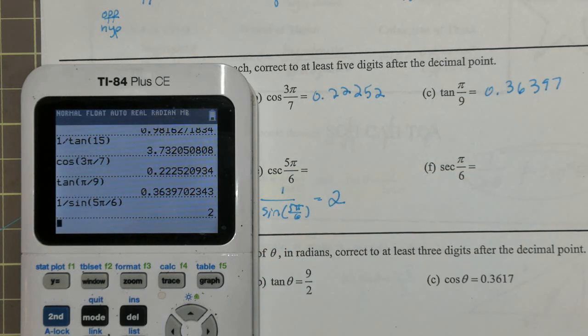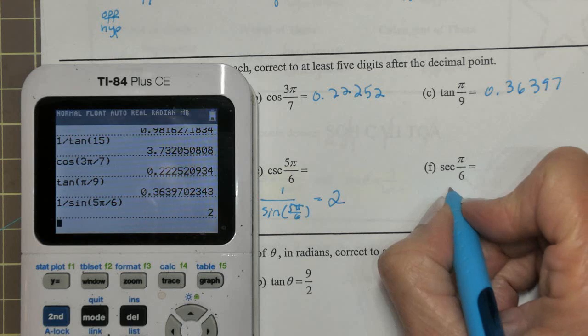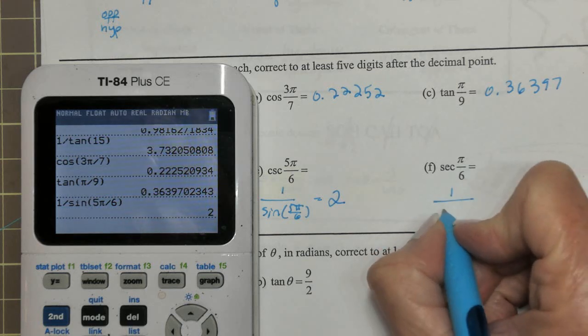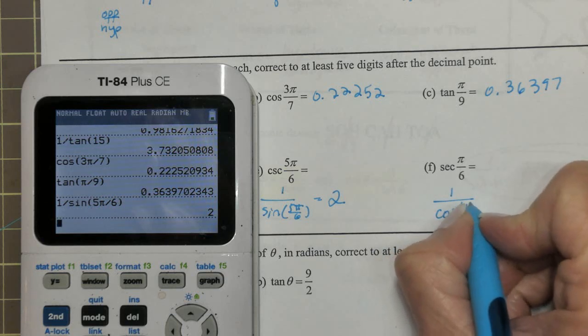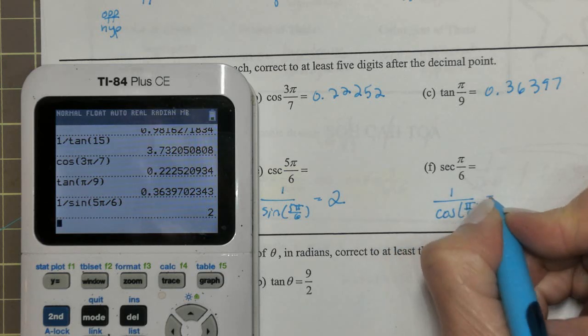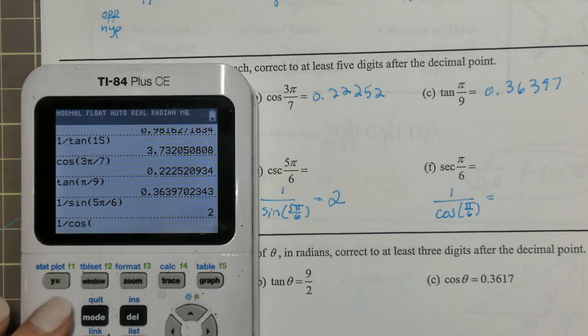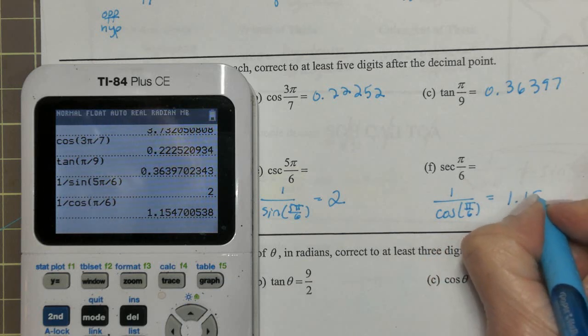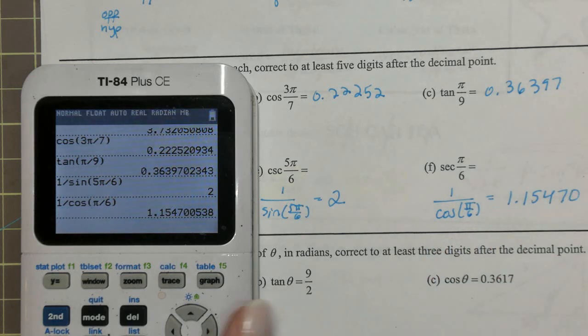How about that? Okay, secant of pi over 6 is 1 divided by cosine of pi over 6. 1 divided by cosine of pi over 6 is 1.15470.